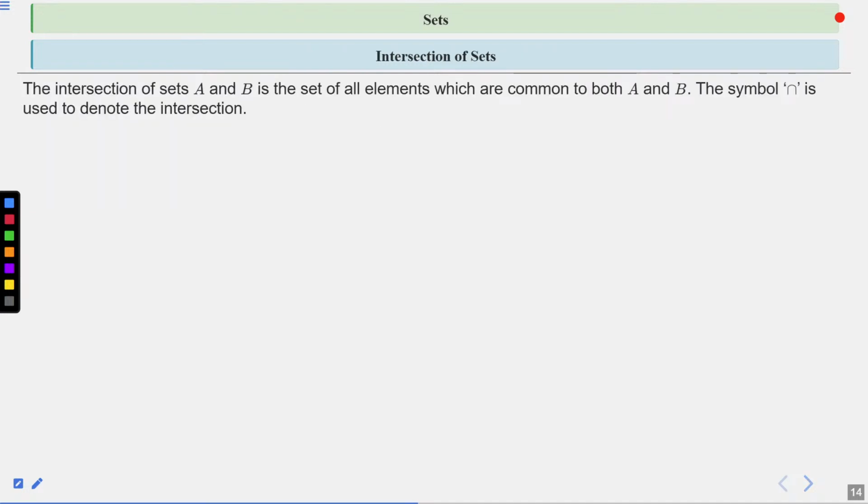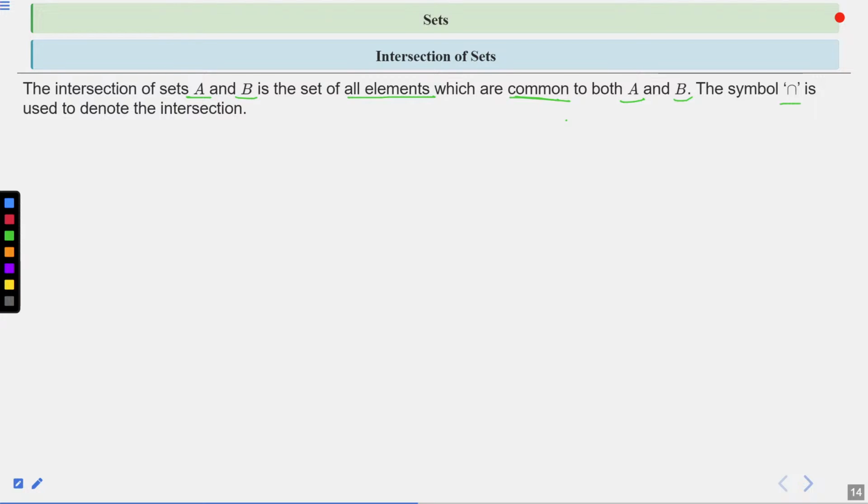Now, intersection. In this definition, we are going to use the word AND. So the intersection of sets A and B is the set of all elements, so we are collecting what elements? All such elements which are common to both sets A and B. So we are generating another set from this intersection.